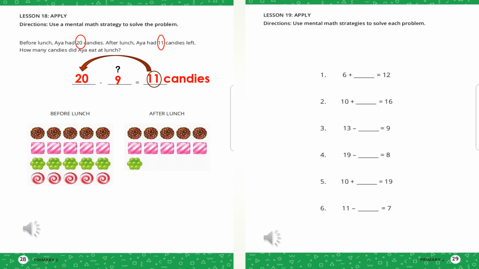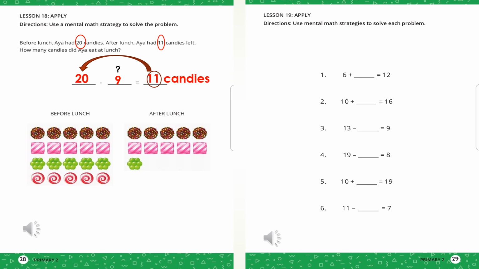Now let's move to lesson 19. We have some addition and subtraction sentences and some missing numbers. The first sentence, 6 plus what equal 12? It's a missing number. We can use our missing number strategy. We count from small to big.